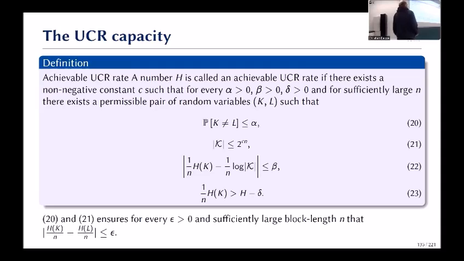So these conditions together also ensure that for sufficiently large block lengths n, the entropy of K over n minus the entropy of L over n is smaller or equal to epsilon. So they should be of the same size and both uniform.